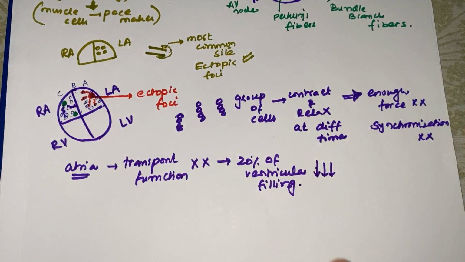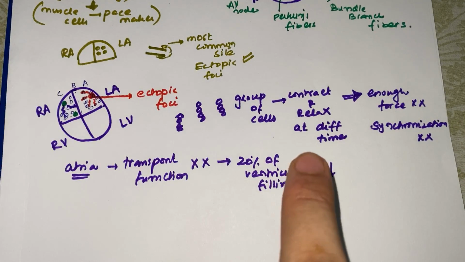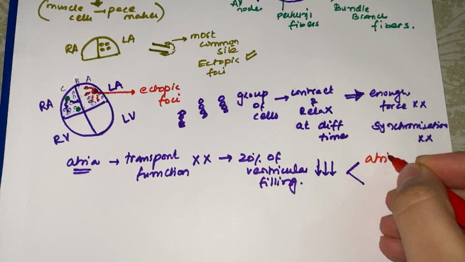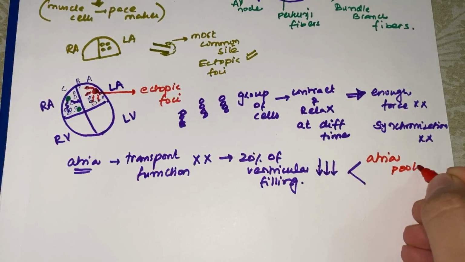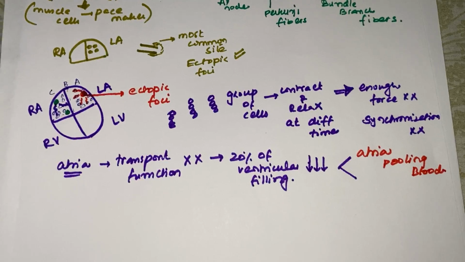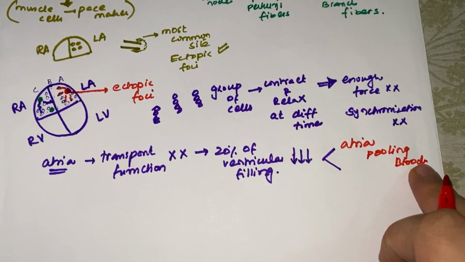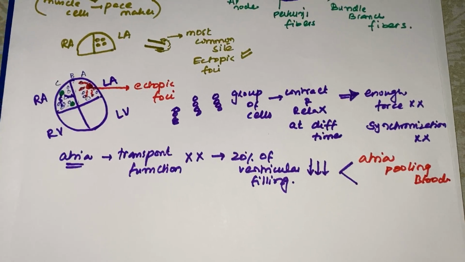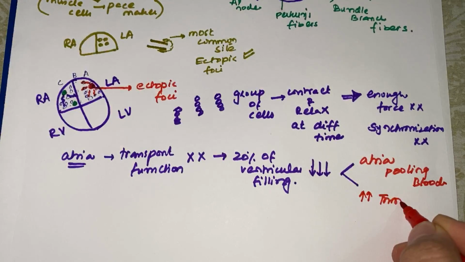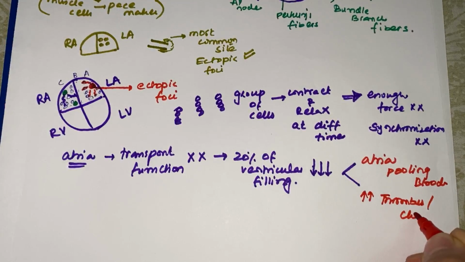Fine. So as a result, two things will happen here. One, there will be pooling of blood within the atria. And secondly, because of this pooling of blood within the atria, the risk of formation of thrombus or clotting will increase.